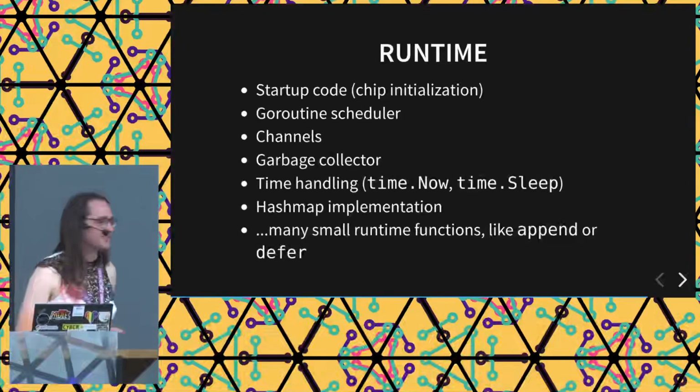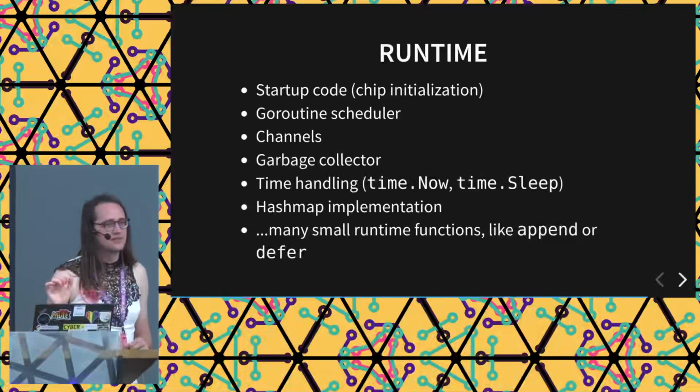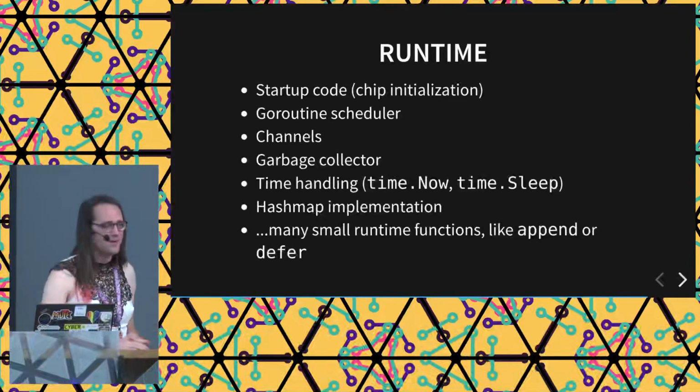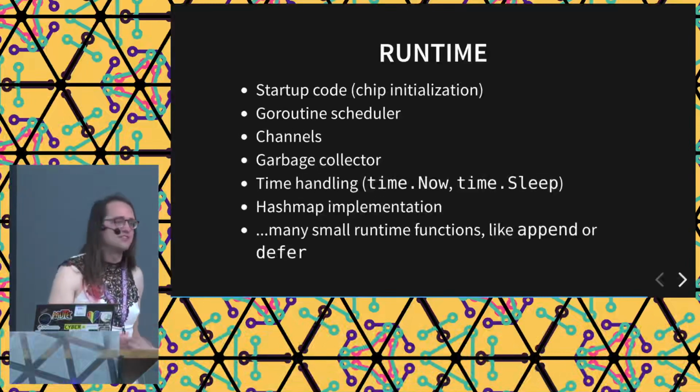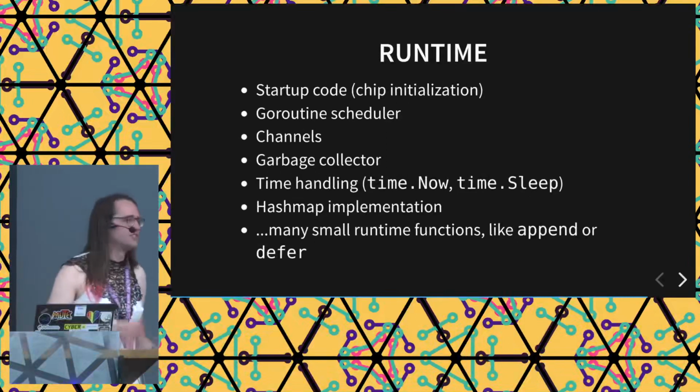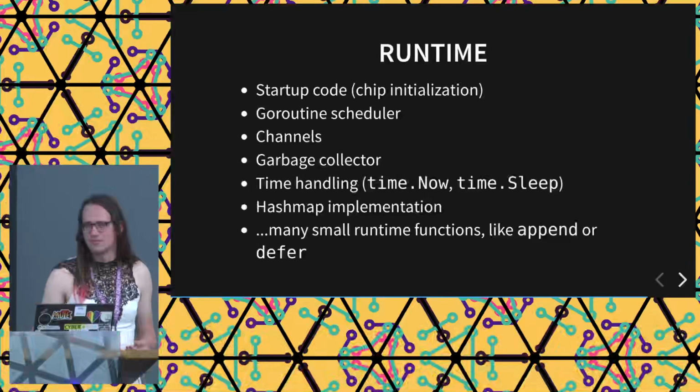And garbage collection, of course. The Go language specification doesn't describe how memory is managed. It just says this allocates memory. In practice, that means you have to use a garbage collector, like Java or JavaScript or I believe Erlang, but I'm not sure.